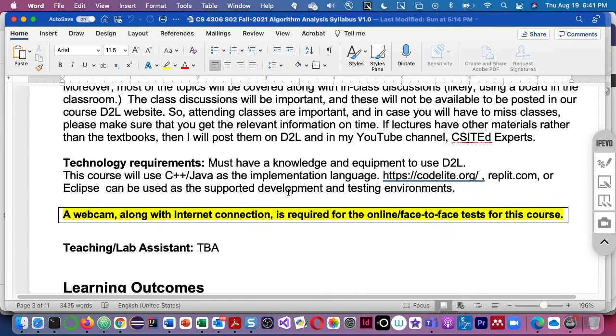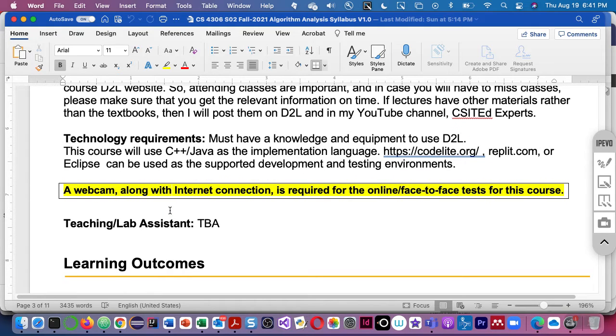One more thing: you may need a webcam. We are not sure yet whether we will have a paper-based test or a computer-based test. If it is computer-based, it will be held here, but you may need to use your webcam. We will discuss this later.